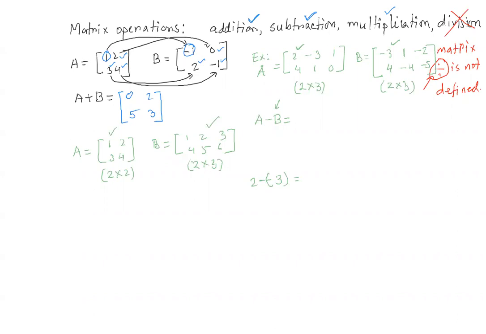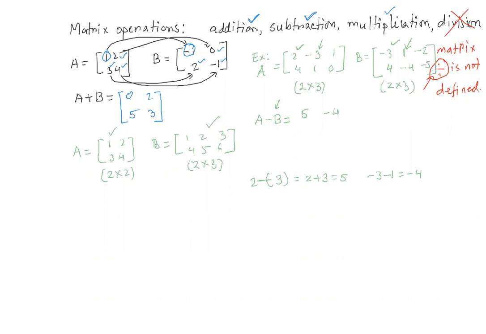So that's gonna give you 2 plus 3. That is gonna be 5. So your first element is gonna be 5. The second number is negative 3 minus 1. So negative 3 minus 1 is going to be negative 4.